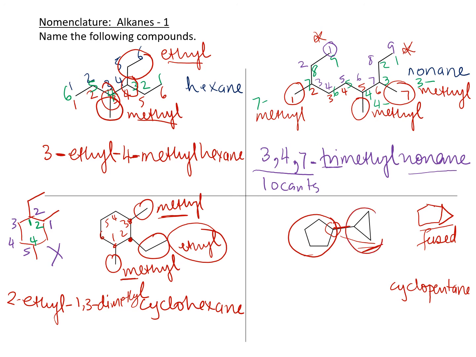And then what is the substituent? This substituent is a 3-carbon ring. So 3-carbon means propyl, right? A propyl group, but it's not just a propyl group. It's actually a cyclopropyl group. So cyclopropyl cyclopentane. Okay, that's the name of this compound. And you chose cyclopentane as your base name because this is a larger ring.